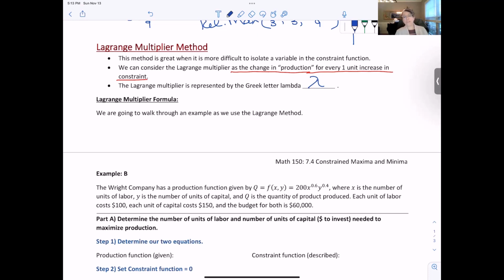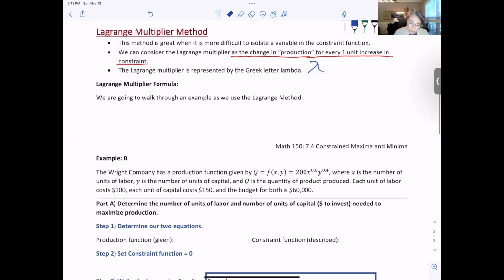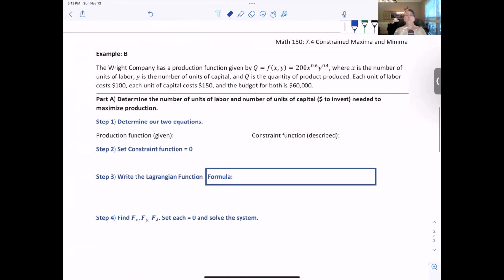There are quite a few steps in the Lagrange multiplier method, so we're going to do something a little different. We're going to focus on an example as we go through the steps. In example B, it says a company has a production function given by Q equals f of x, y equals 200 x to the 0.6, y to the 0.4, where x is the number of units of labor, basically the money you're spending on people working for you.